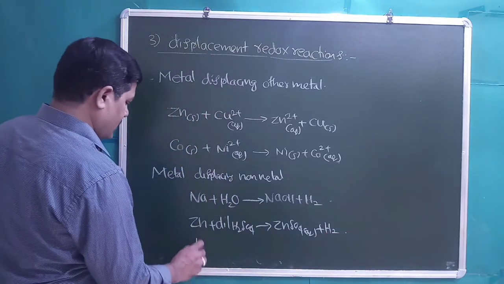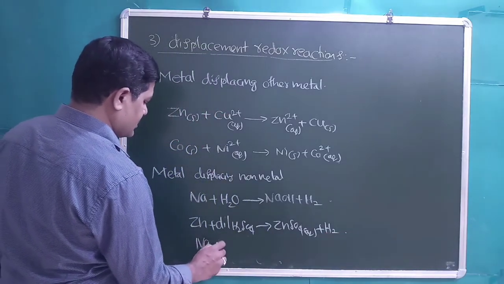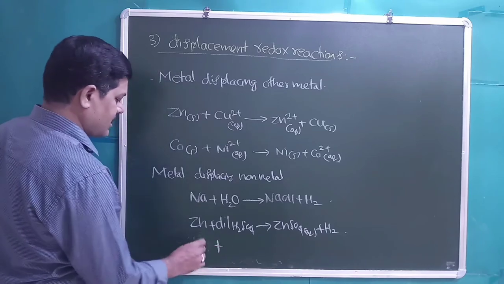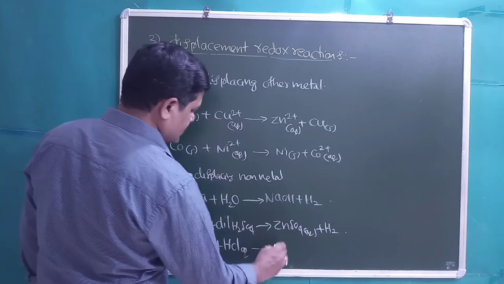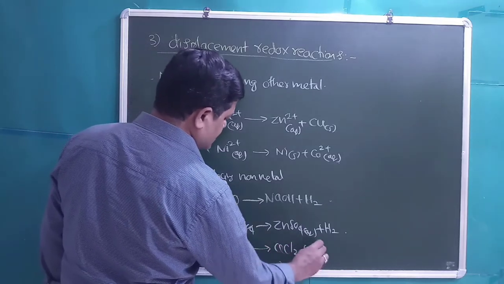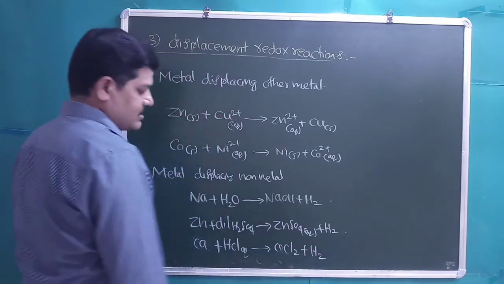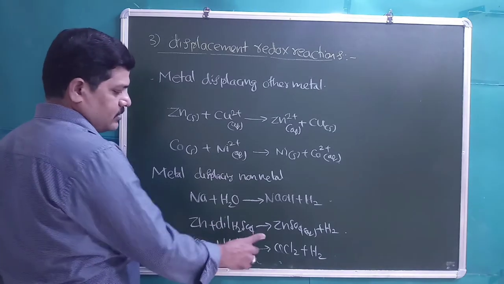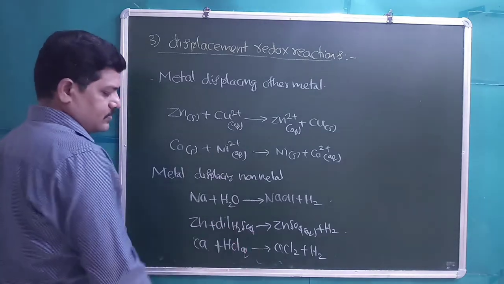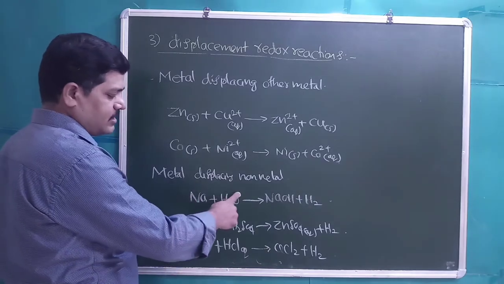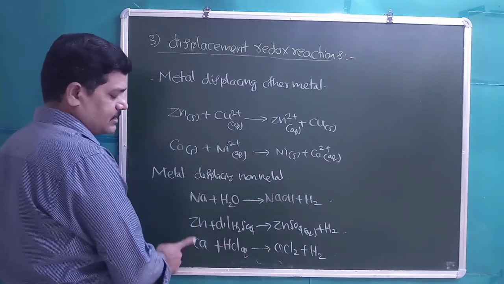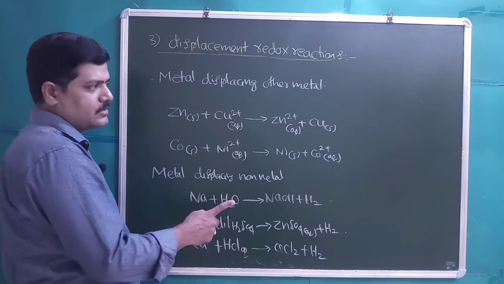Similarly, calcium reacting with HCl aqueous solution gives CaCl2 plus H2 gas. If it is copper, it won't give H2 gas, being low reactive. Highly reactive metals generally, on reaction with water or with dilute mineral acids, will give hydrogen gas.